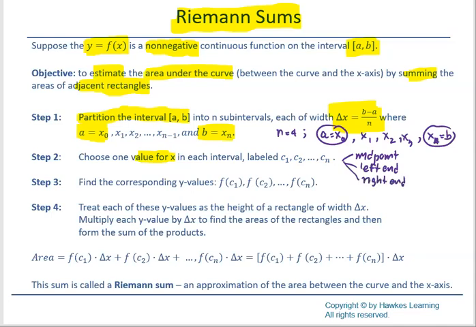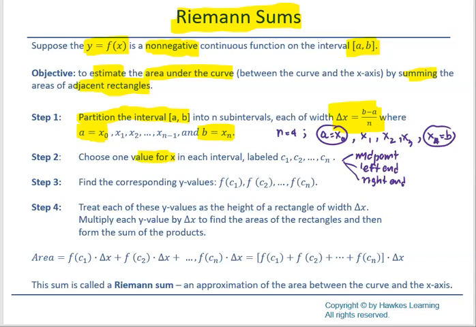Those are the choices that you're going to choose for each problem. You don't choose all of them at the same time; you pick one or the other. The problem is going to indicate very clearly: use the midpoint approximation, use the left end approximation, the right approximation, and so forth.